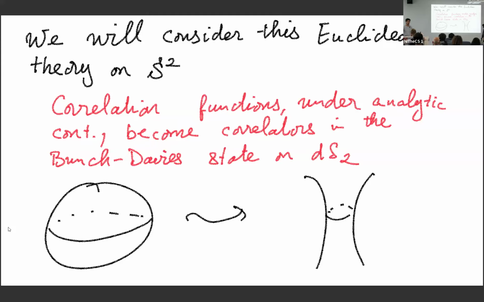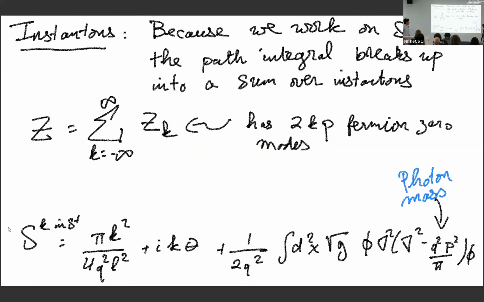It's exact. You get it from a Fujikawa treatment of the path integral measure. You can compute it at one loop, but it's the full answer.